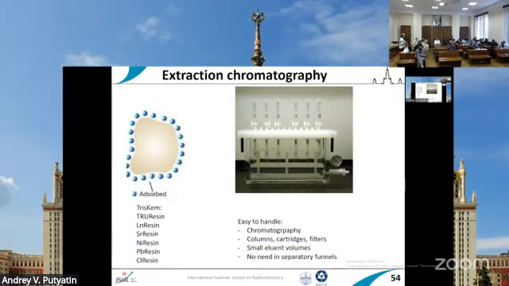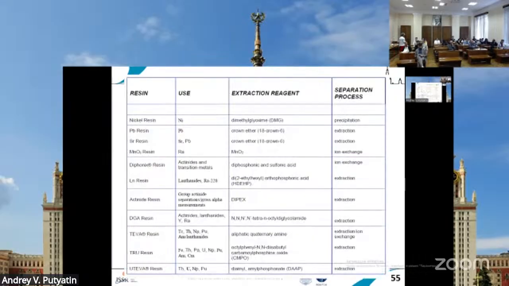We can also use these vacuum boxes to increase the rate of the separation. With the use of vacuum, we facilitate the stream, the velocity of our stream through the sorbent, so it makes it faster and still very efficient. Again, there is a list of commercial resins.